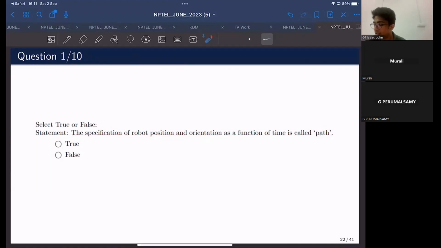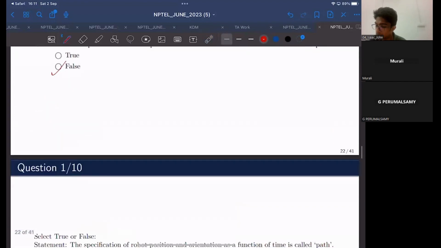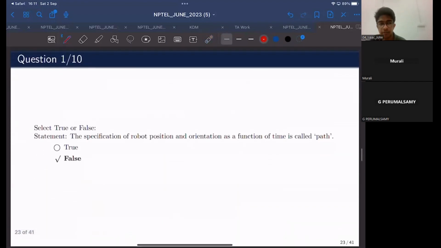We know that is not the case. The correct answer is that the specification of position and orientation as a function of time is called trajectory, the keyword is trajectory, not path. So the answer is indeed false.